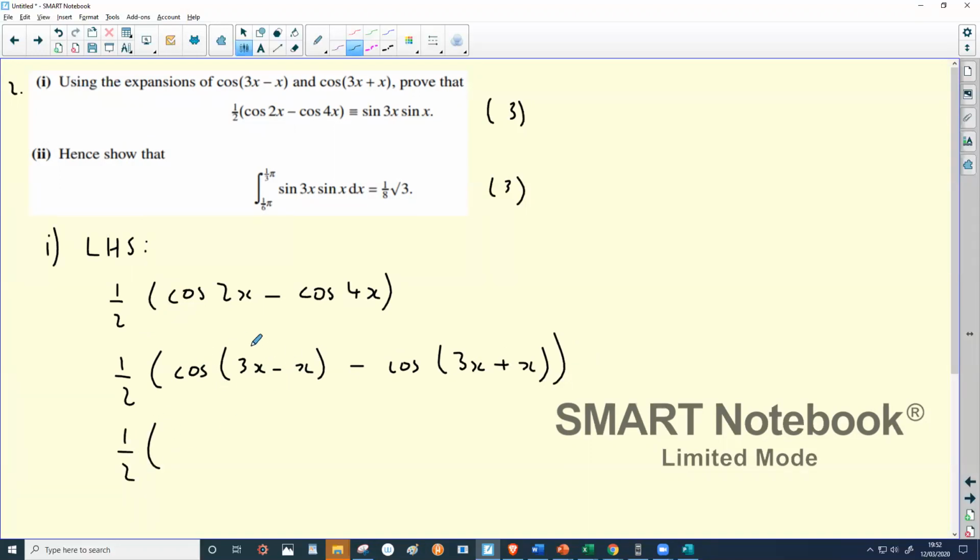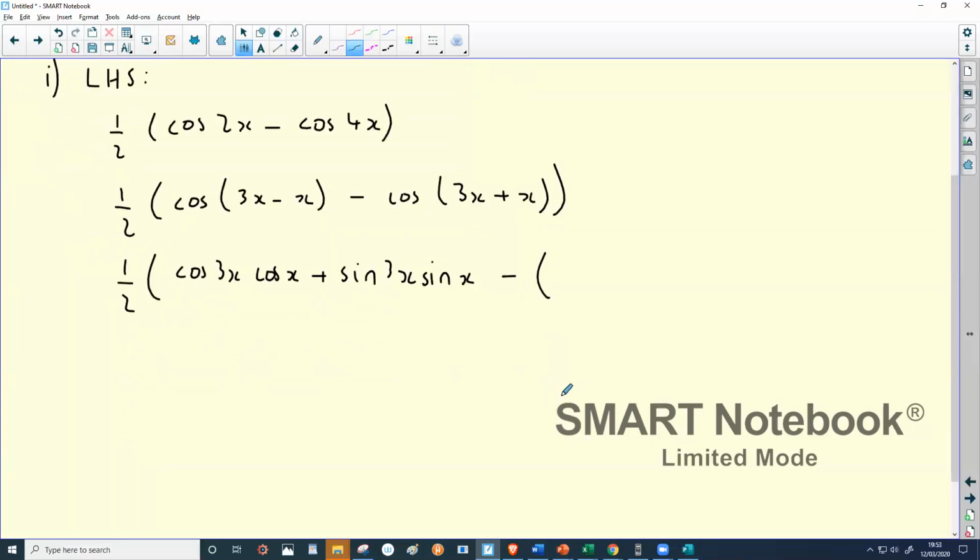So using the addition rule here, we get cos 3x cos x plus sin 3x sin x, minus, and I'm going to put this in brackets just so that I don't make a mistake with multiplying out negative and positive terms, cos 3x cos x minus sin 3x sin x.